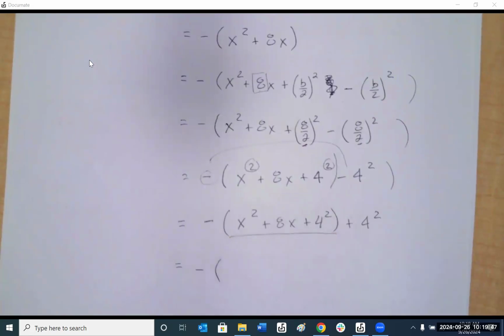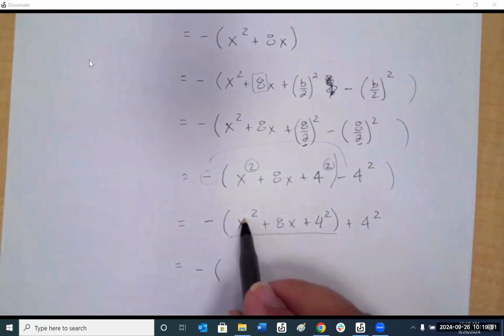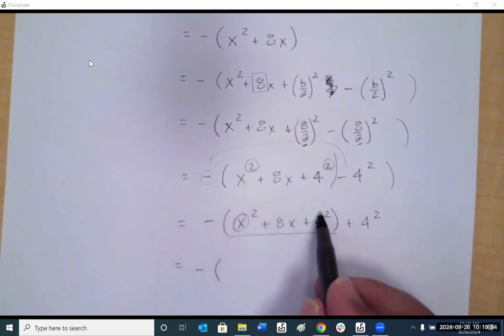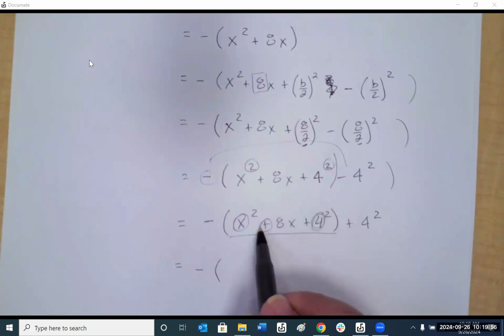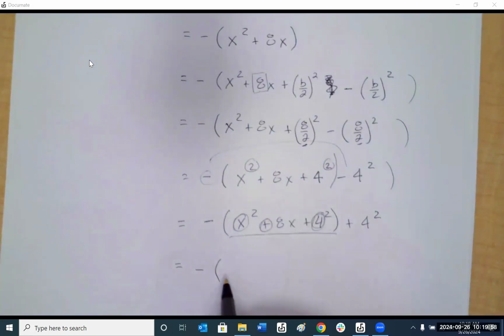Now this is a complete perfect square. We take whatever is under the squares and the first sign. So it's x plus 4, and that's squared, plus 16.